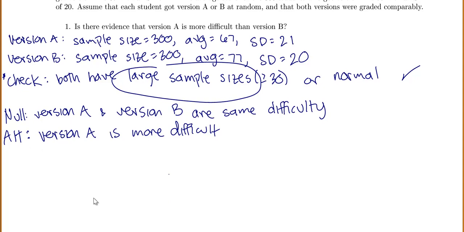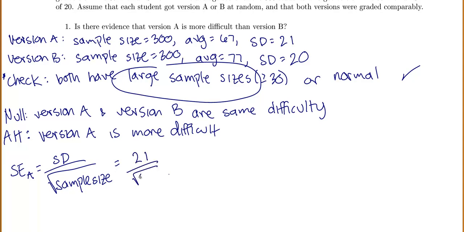Now we want to come up with our test statistic. First we need to find the standard errors for both of the individual versions. We'll find the standard error for A first, and standard error, once again, is your SD over the square root of your sample size. The SD that we're interested in for A is 21, the sample size is 300.